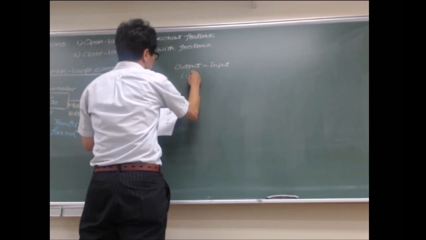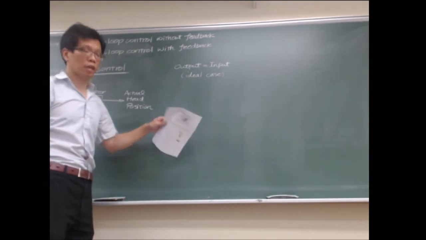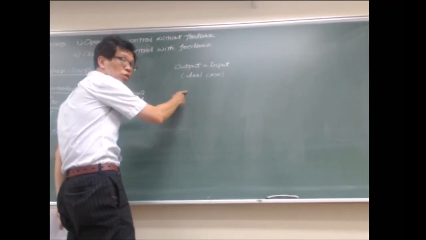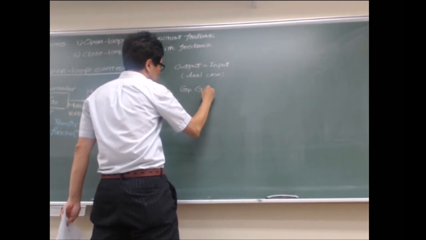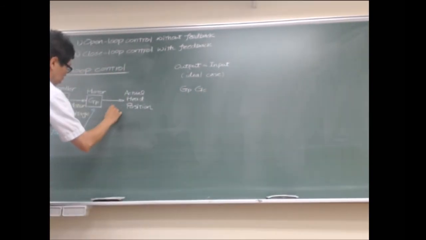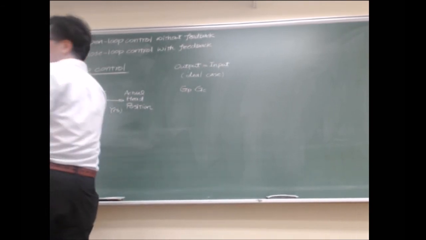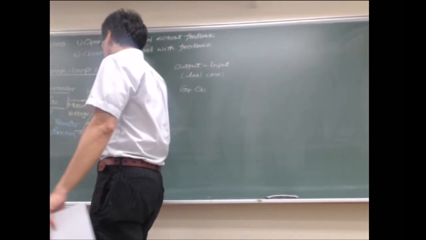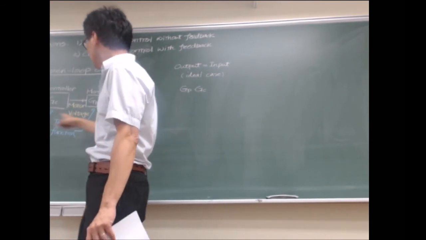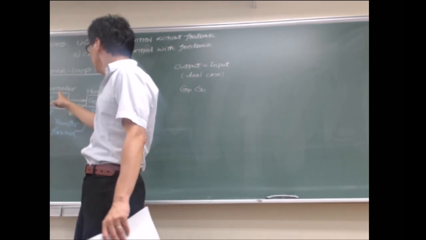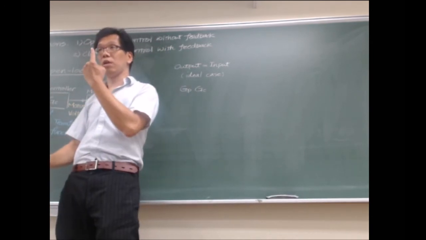This is my ideal case. So in order to do this, earlier we talked about the relationship between Y(s) and R(s). It means that in order to make this one equal to this one, Gc multiplied by Gp must equal 1.